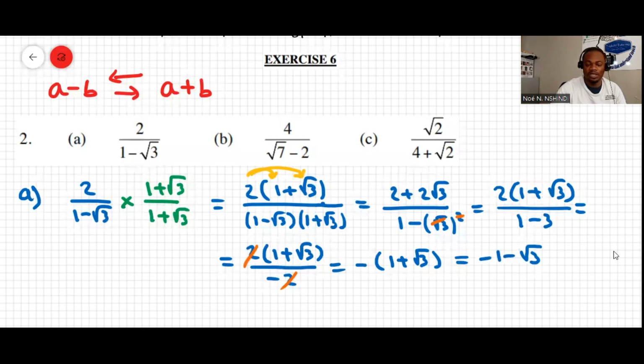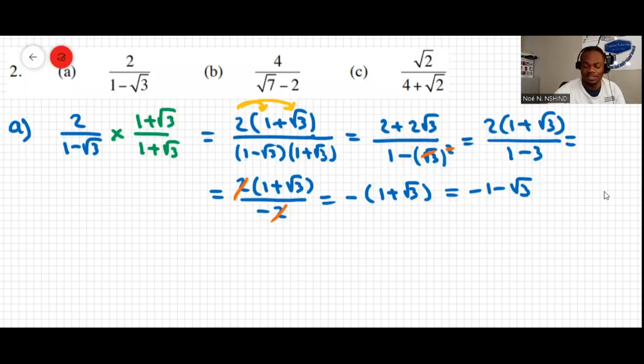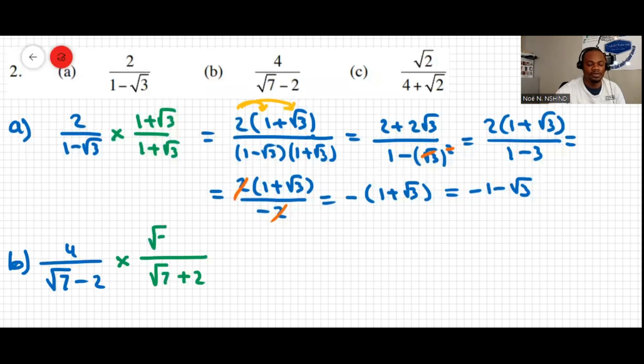That was question A. And then, excuse me, we can do question B the same way. That makes root 7 minus 2 under 4. In this case, we're going to multiply by root 7 plus 2 over root 7 plus 2. Now this will be equal to what?